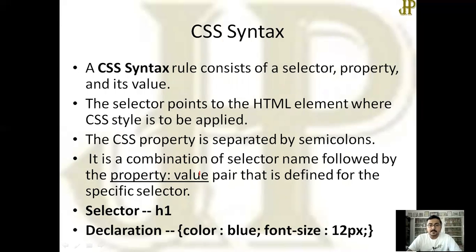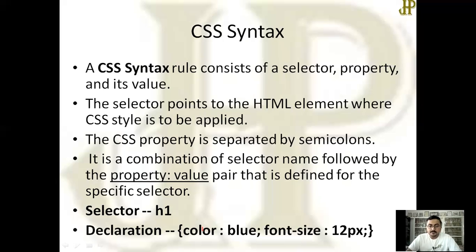The CSS syntax consists of a selector. Selector can be any HTML tag, and there are two other things known as property and its value. It is a combination, separated by a colon. Clear?